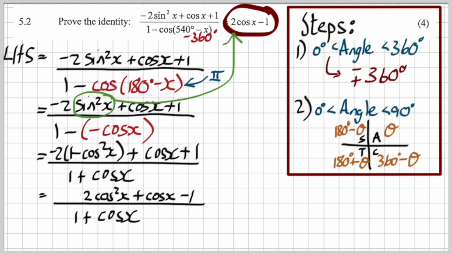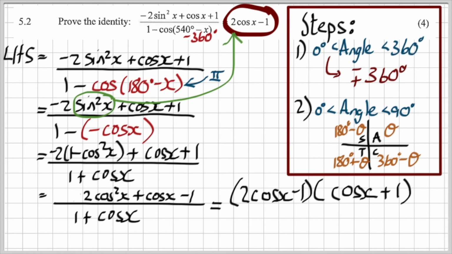What do you see at the top? At the top, there is a trinomial that you can actually factorize into 2 cos x minus 1 times cos x plus 1, and this is going to be all over 1 plus cos x.